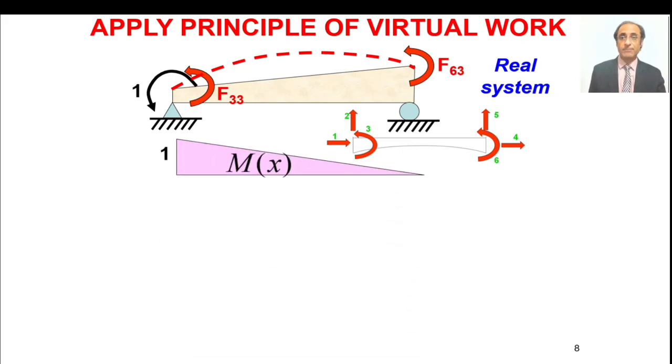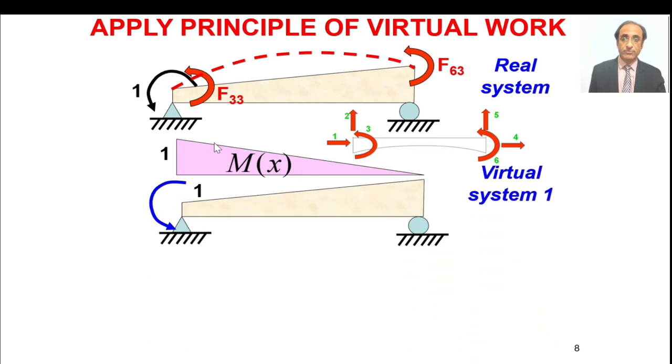This we call as uppercase MX. Then we have to choose the point where we want the particular displacement. So coincidentally it's the same point. So at that point where we want the displacement, we apply a virtual force or the moment, because here we want rotation. So we have applied a virtual moment equal to 1.